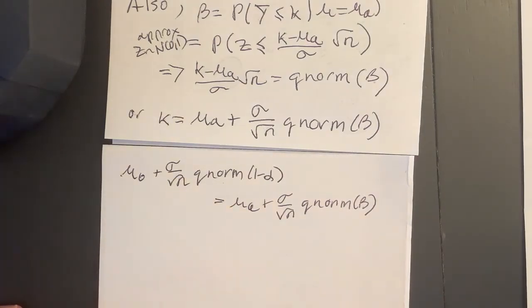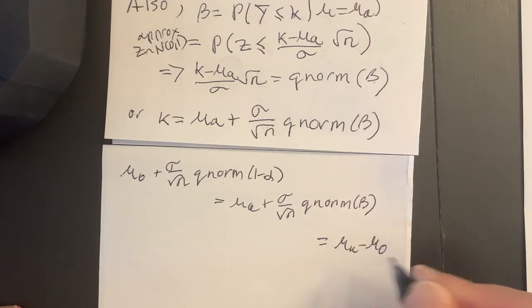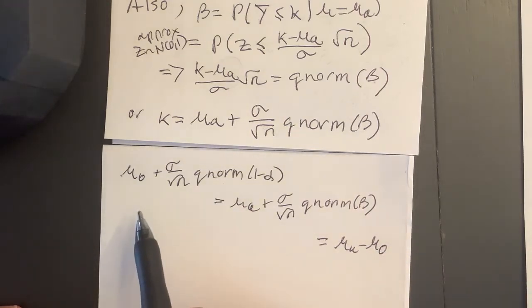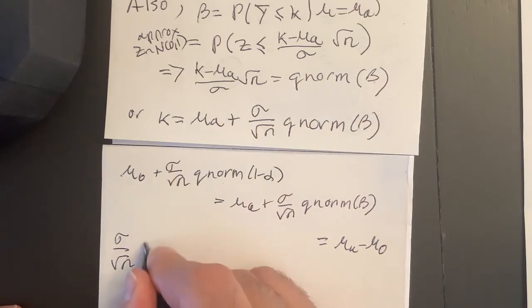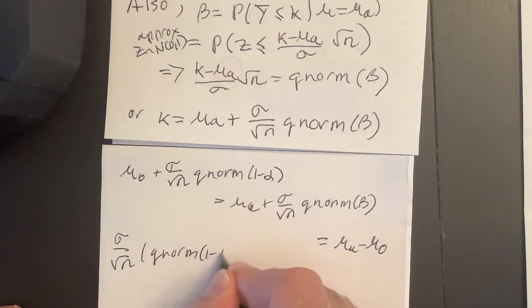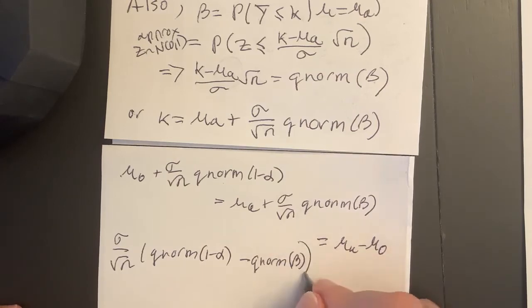So what do we get? Over here I get mu A minus mu 0, and over here, if I subtract, I get sigma over square root of n times Q norm of 1 minus alpha minus Q norm of beta. Okay, that's equal to that, I think.